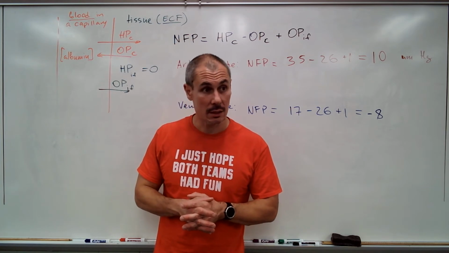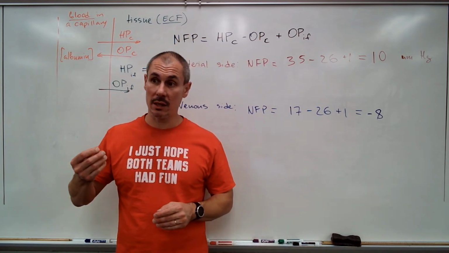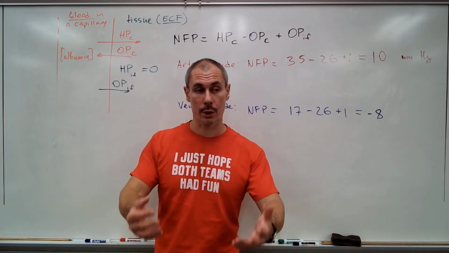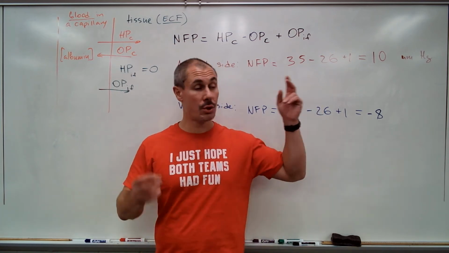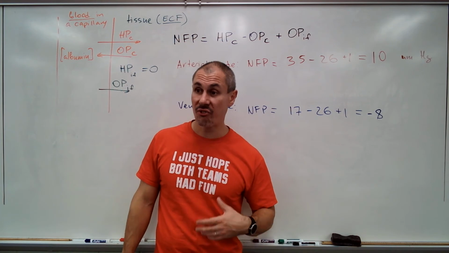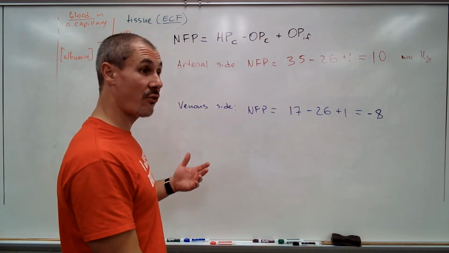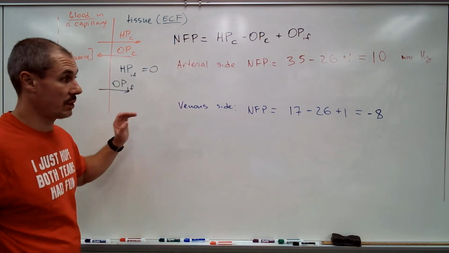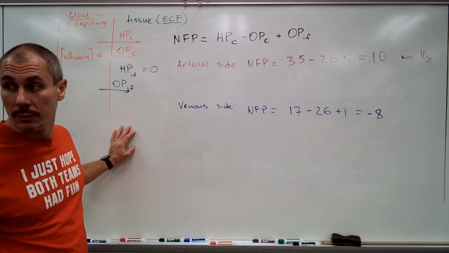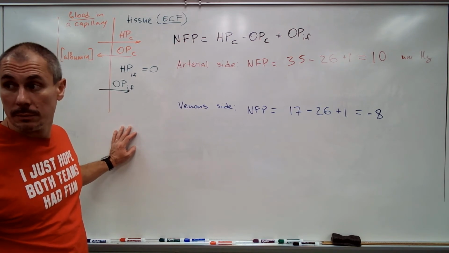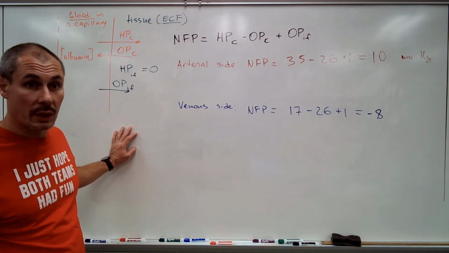Does that make sense? So it's kind of a cool thing that all your tissues are constantly washed by those 2 millimeters of fluid that are produced due to the difference between the arterial and the venous side. Okay?